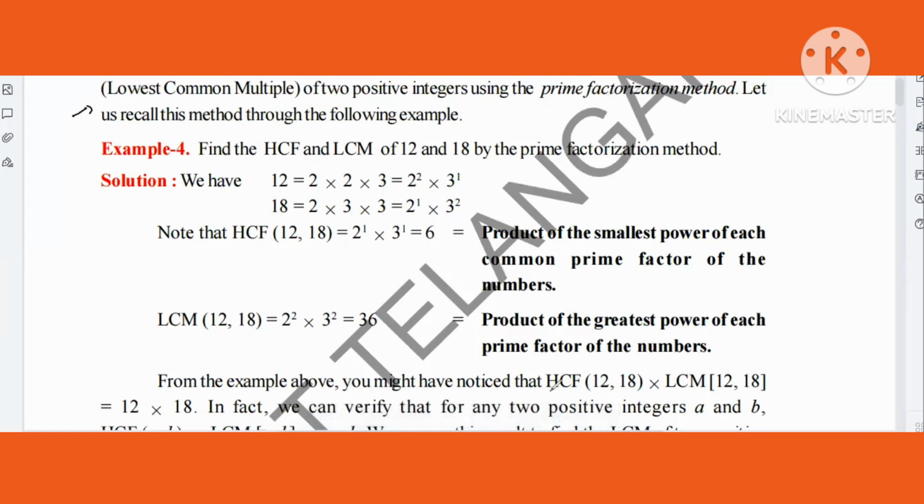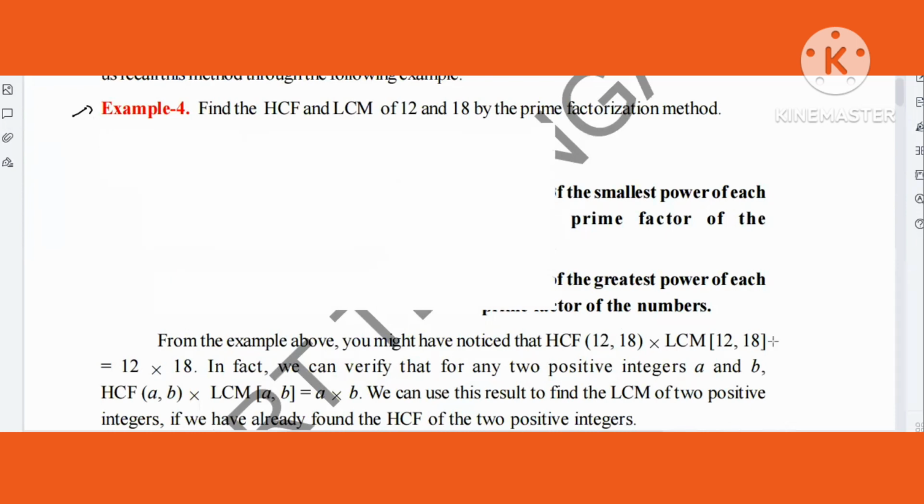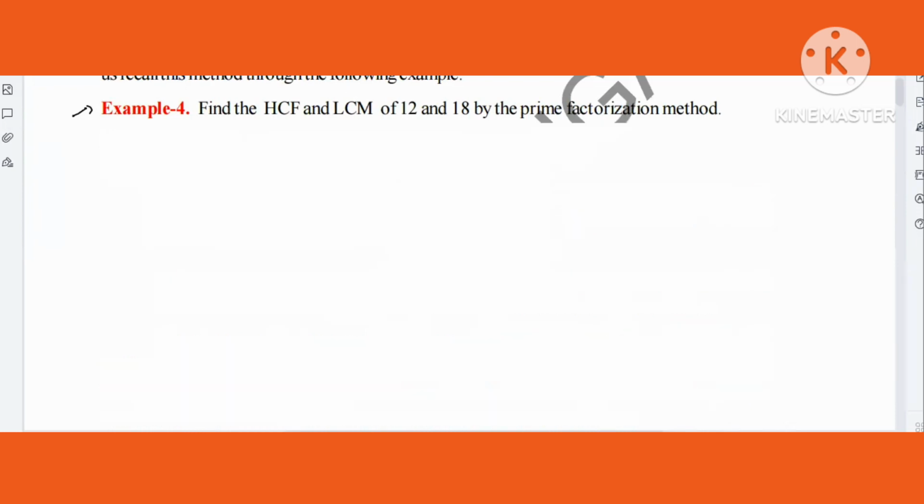So now let us discuss this example question. The question is: find HCF and LCM of 12 and 18 by using the prime factorization method.